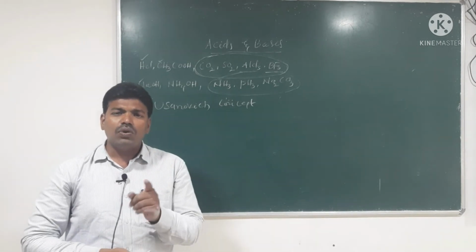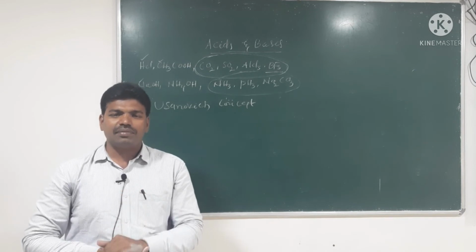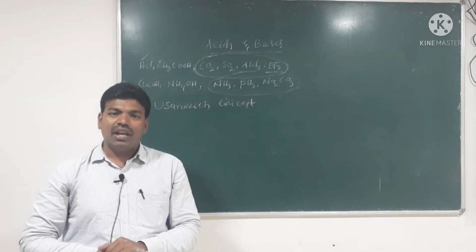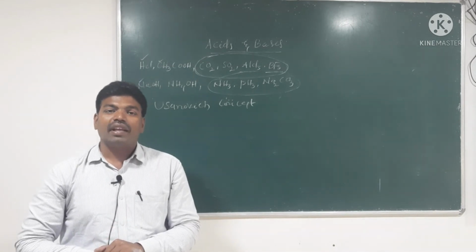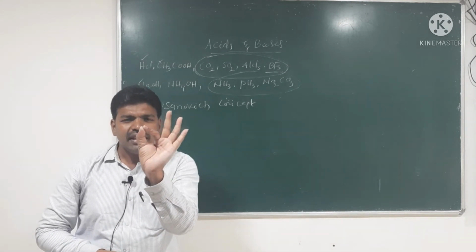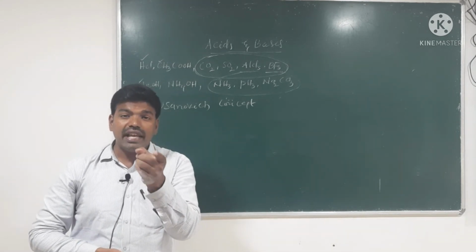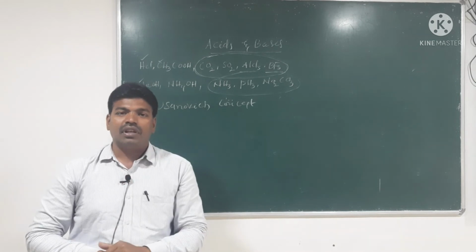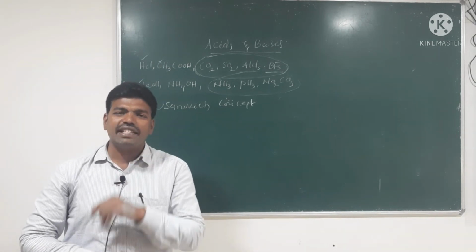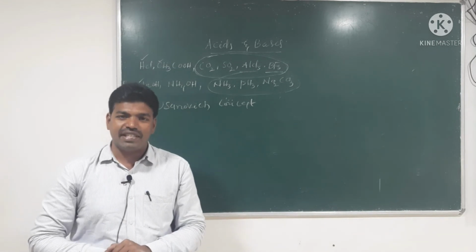Simply we can say that all oxidizing agents are Sanovich acids, all reducing agents are Sanovich bases.